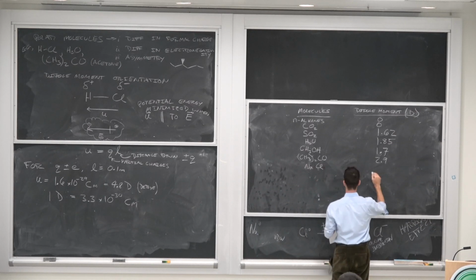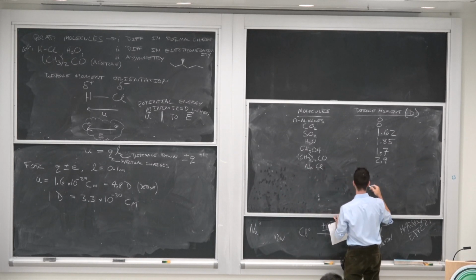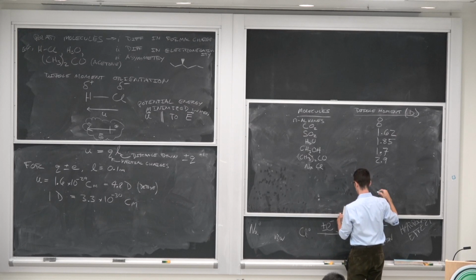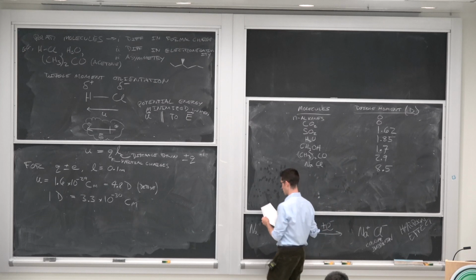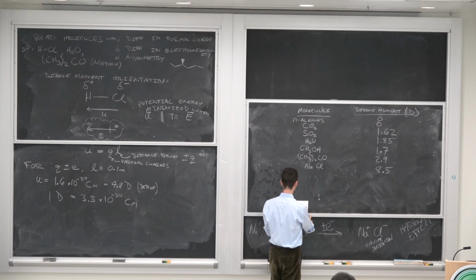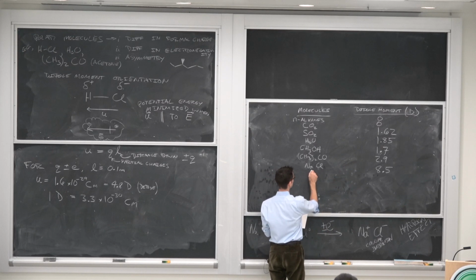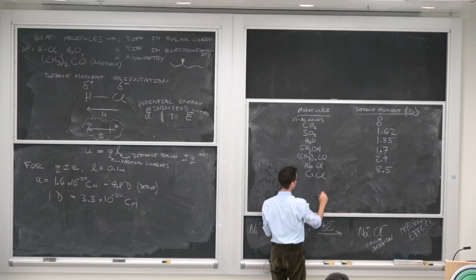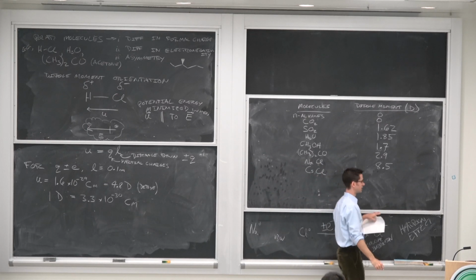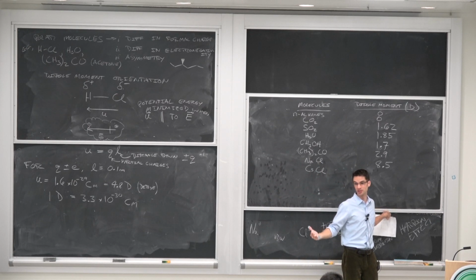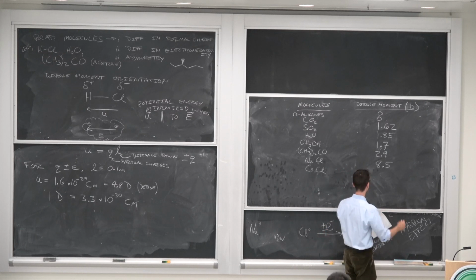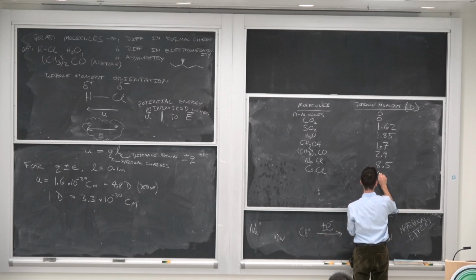Sodium chloride, where we really start to get strong Q effects, where we have no longer sharing of the bonds but complete ionization, 8.5. And cesium chloride, where we have a similar situation in partial charges but a larger L because cesium is much bigger, we have 10.4.